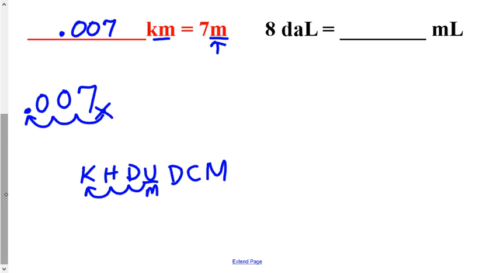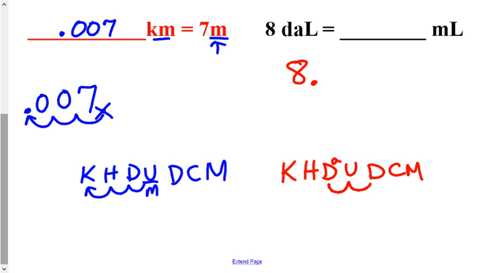All right, let's try one more example. 8 deciliters equals how many milliliters? So remember, deca is this one right here. So 8 has a decimal on the right-hand side of it. And I need to go from deciliters to milliliters.